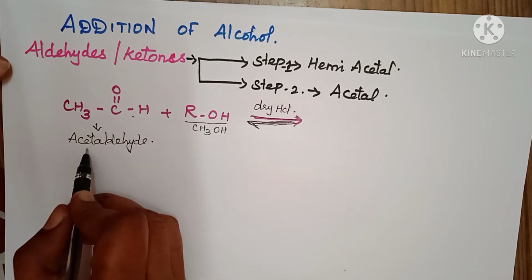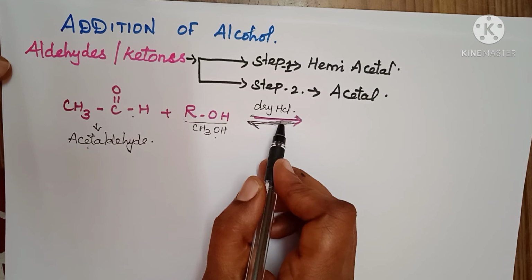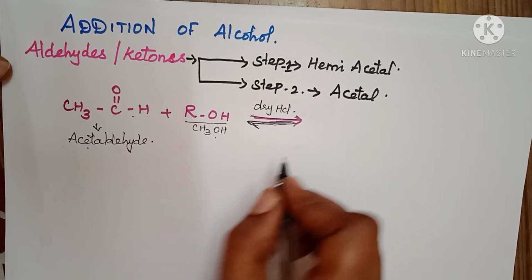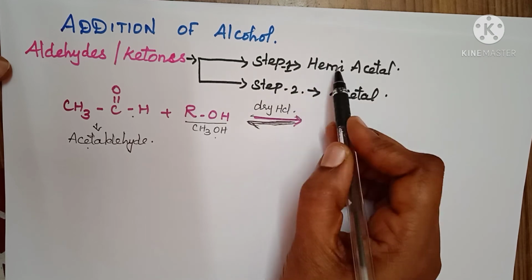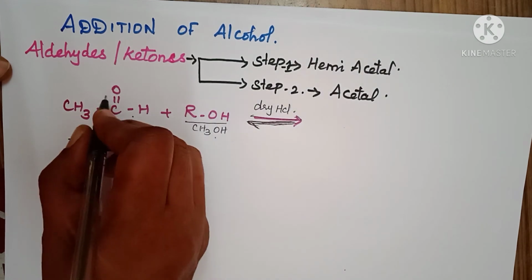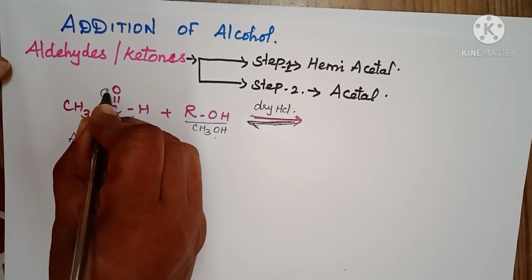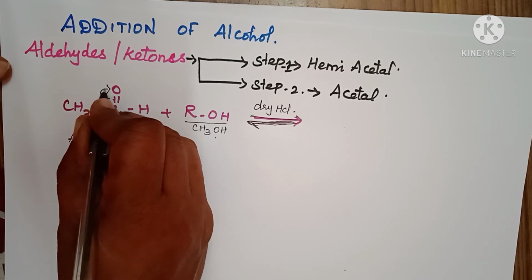Now acetaldehyde is reacted with the alcohol in the presence of dry HCl. What are you going to receive in the first step? Hemiacetal. Before getting a hemiacetal, I'll tell you how to follow: the same nucleophilic attack only, when this bond is going to attack over there.